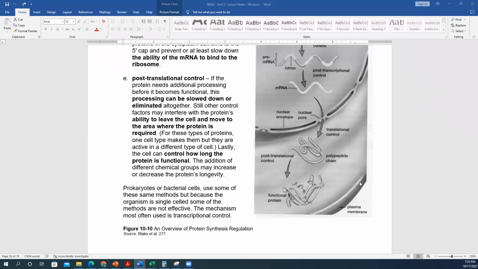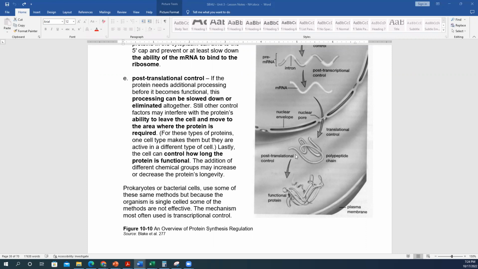Finally, the cell can control just how long that protein is functional. It can have different chemical groups added on that may increase or decrease the lifetime of this protein and might mark it for degradation or give it further longevity.